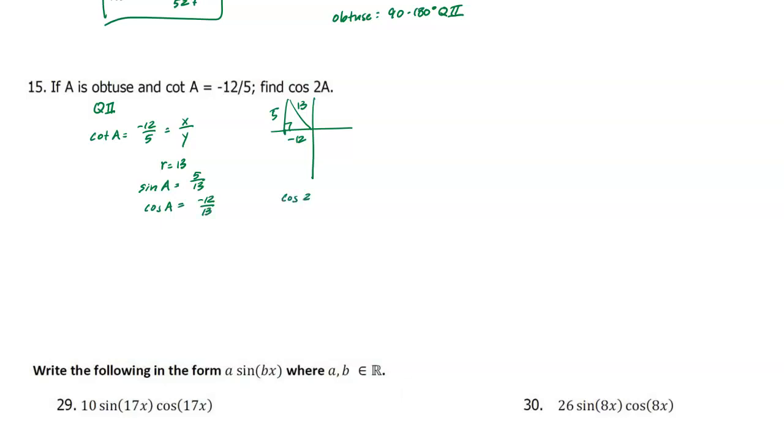So cosine of 2A, I'm going to use cosine squared: 2 cosine squared minus 1. 2 times negative 12 over 13 squared minus 1. So 2 times 144 over 169 minus 1. So I get 119 over 169 for cosine of 2A.